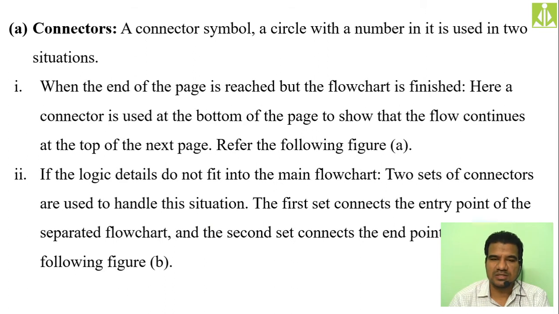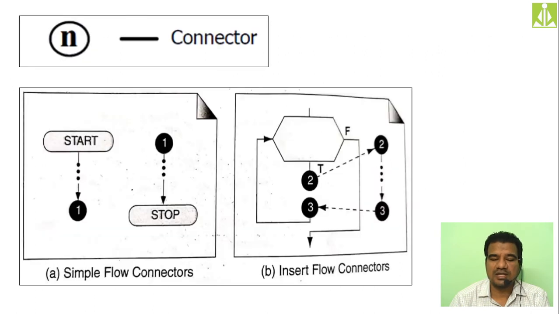Then the connectors. We said we use connectors for two different purposes: whenever we are reaching the end of the page, and whenever inside a control structure or a block of statements it is too difficult to represent the entire thing at that place.